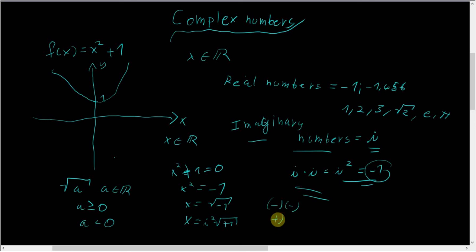I have to have a plus and a negative. So i squared is the negative. i squared is basically -1 times square root of 1, which is 1. So the solution is plus or minus i, the absolute value of i, because we used the square roots.